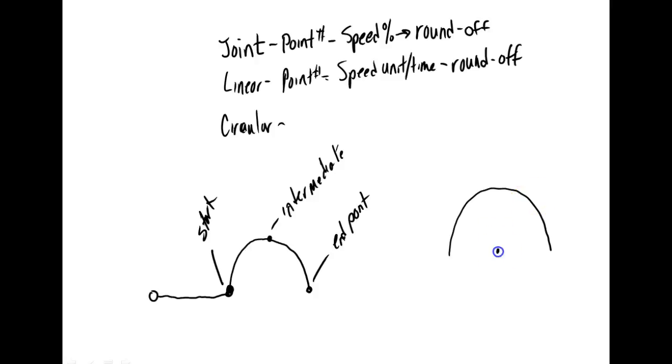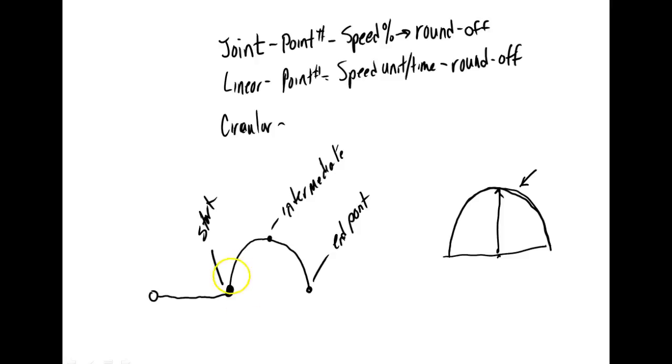So an arc has a radius, and as the radius moves, it's going to draw a line. This line that's moving in the arc is called the circumference, the outside of the arc or the circle, right? Everybody okay there? And from the center point, it will always be the same distance from the center point.